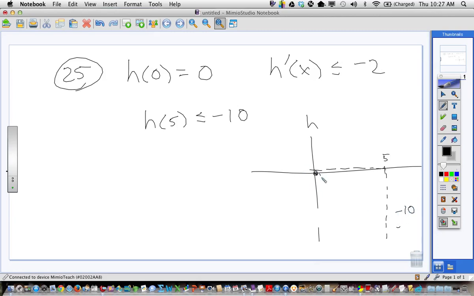It's the only way I can have a slope of -2. Now the slope could be -3, -4, and so forth, so I might even go down farther, right? So h of 5 definitely has to be below -10, less than or equal to -10.